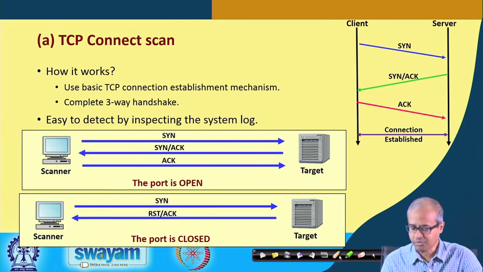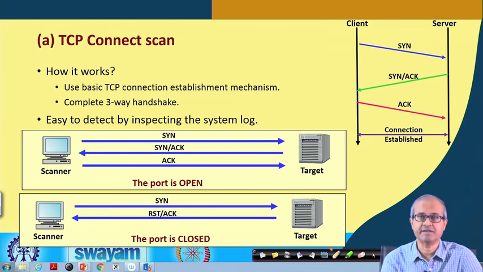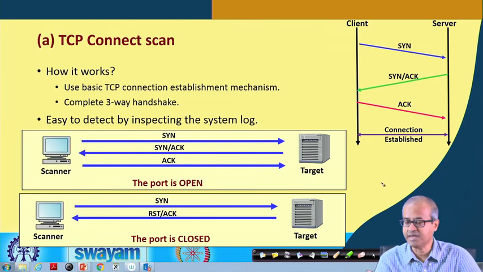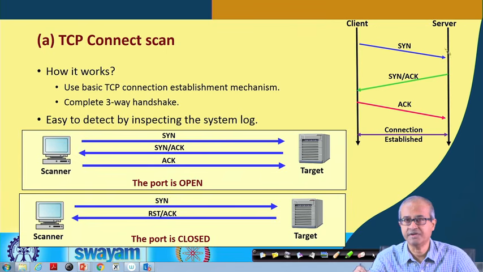First, we talk about TCP connect scan, but before we talk about it, let us recall, on the right hand side we have shown the connection establishment phase in TCP. When a client wants to establish a connection to the server, there are 3 packets which flow back and forth.